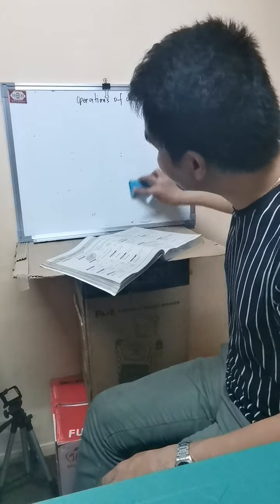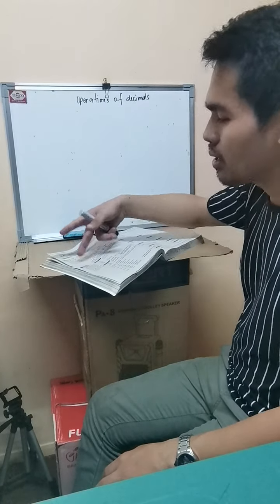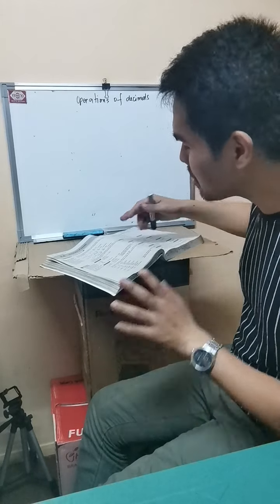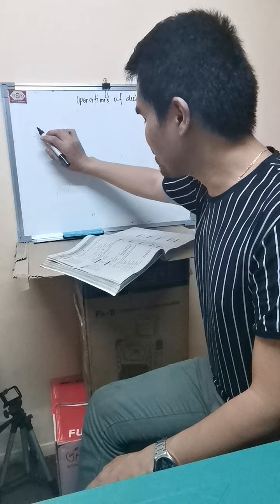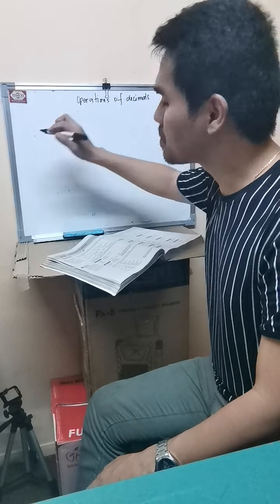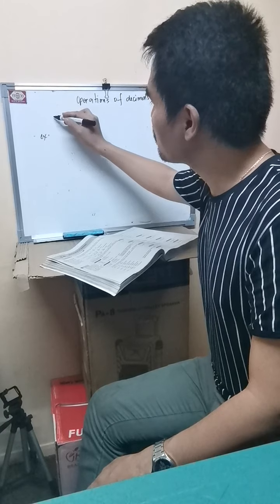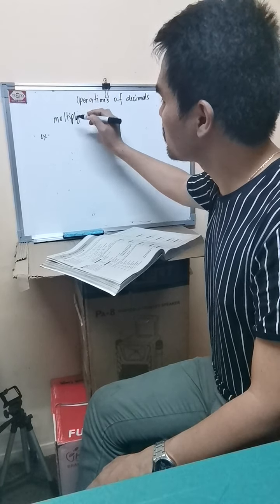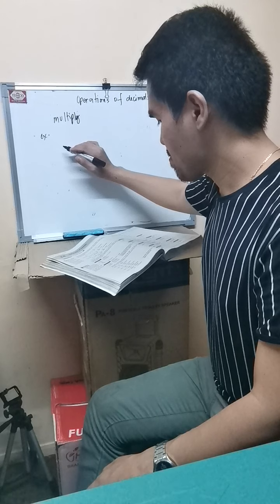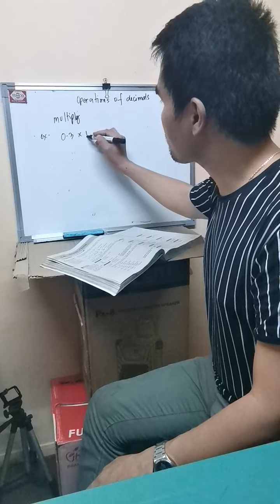Let's move to the next and the third operation for decimal numbers, which is the multiplication. So we will multiply now. Let's say, for example, multiply 0.3 times 5.